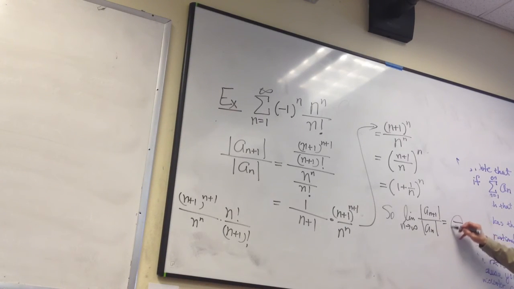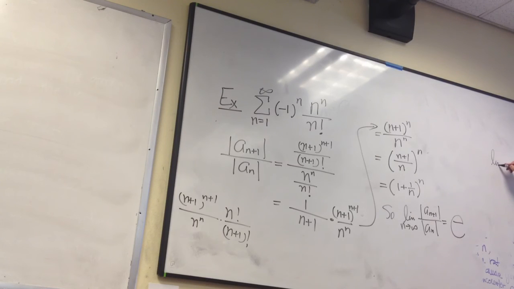It is e. Have you seen this before? Have you seen this limit, (1 plus 1 over n) to the nth power, as n goes to infinity, is equal to e?